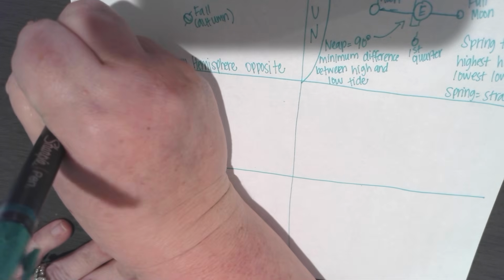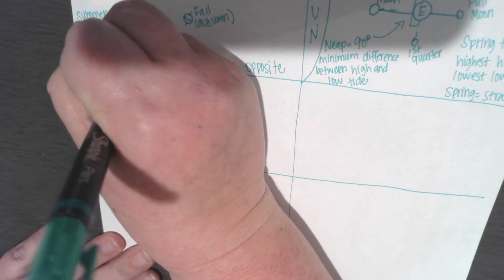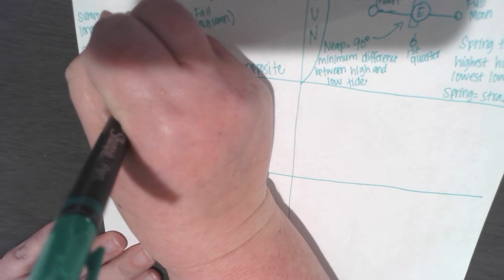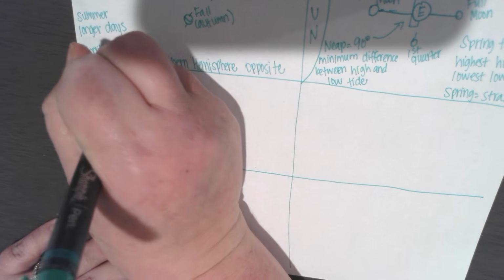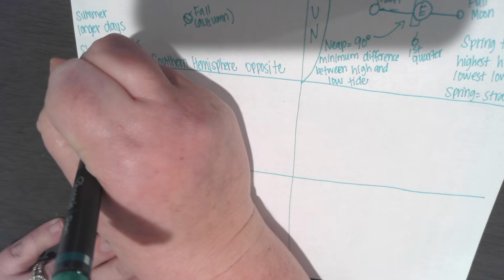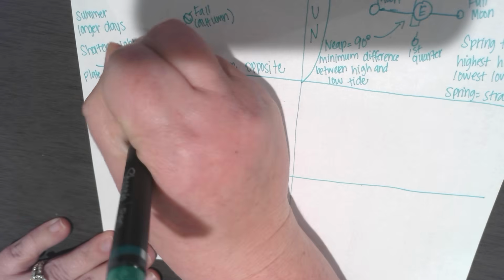Okay, moving to our third box, we're going to put plate boundaries in here. So when the two plates are headed toward each other, we call that convergent, because they are converging, they are running into each other. And that creates folded mountains.